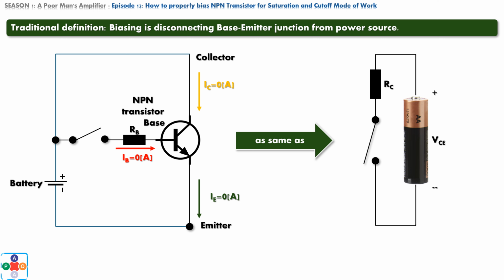However, we have learned from previous videos, that there is a fourth current, that manifests itself, when transistor is in cutoff mode of work. That is parasitic base cutoff current. Let's go back, and draw again transistor equivalency scheme with two diodes in series.